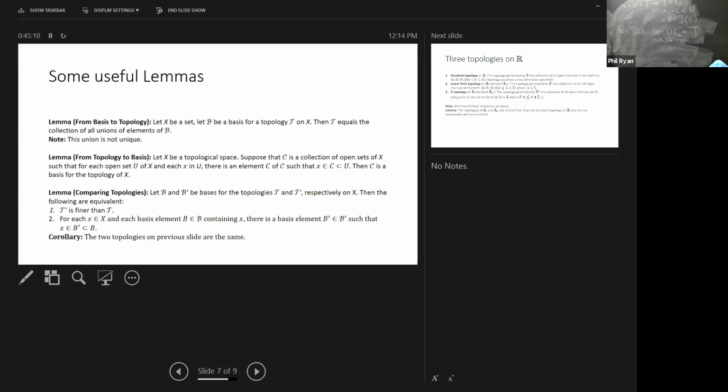So this whole idea of taking something and breaking it down into something finer. It's finer if you've got something that's in a basis element that you can find a smaller basis element from the other basis set, then that topology has to be finer. Okay, so let's prove that.